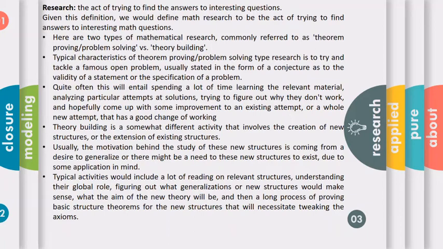Quite often this will entail spending a lot of time learning the relevant material, analyzing particular attempts at a solution, and trying to figure out why they don't work, if we are attempting in some way using some path, and if it fails then why it doesn't work, and hopefully come up with some improvement of the existing attempt or a whole new attempt that has a good chance of working. So we have to attempt many times, and if it fails then go back and start a new attempt, or manipulate those previous attempts to have a good chance of working.